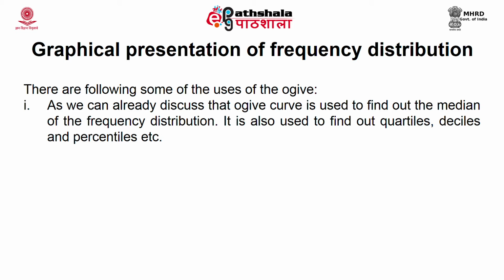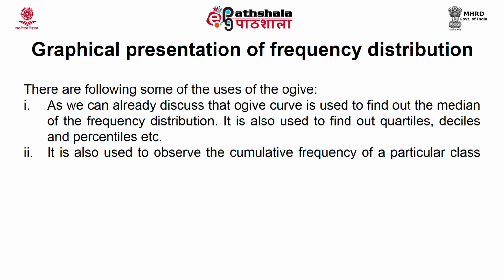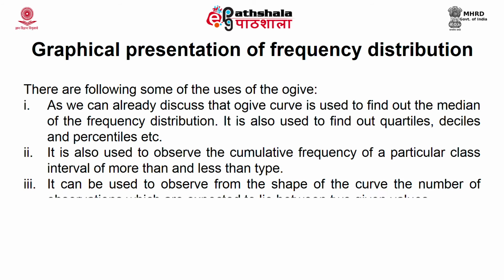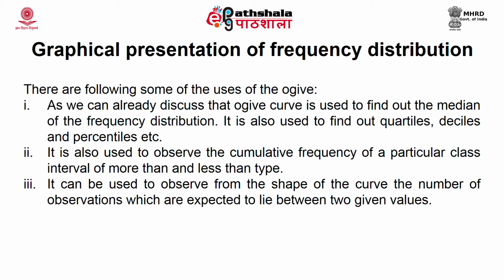It is also used to find out quartiles, deciles and percentiles, etc. It is also used to observe the cumulative frequency of a particular class interval of more than and less than type. It can be used to observe from the shape of the curve the number of observations which are expected to lie between two given values.